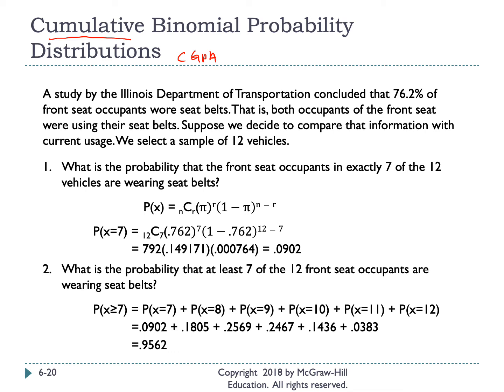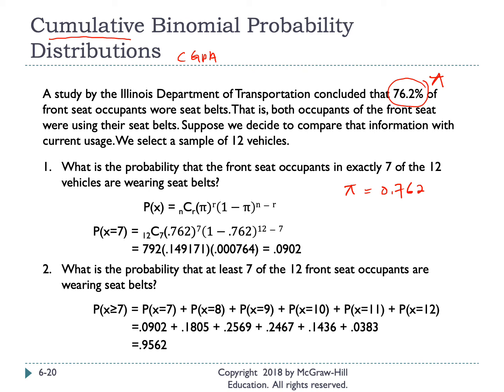A study by the Department of Transportation concluded that 76.2%. What is this 76.2? This is your pi. Remember, probability is your pi. So maybe it's better to write it here. Pi equals 0.762, because you have to convert the percentage into a decimal.